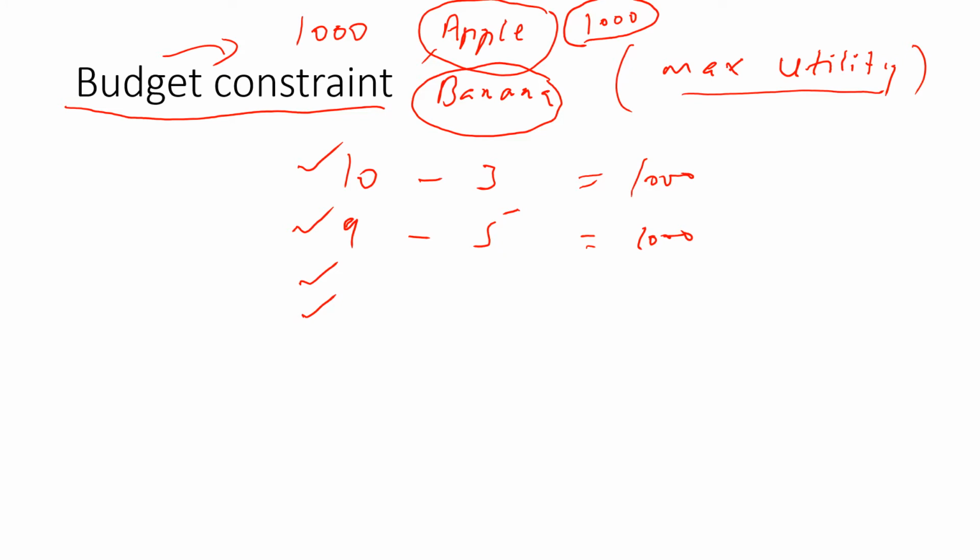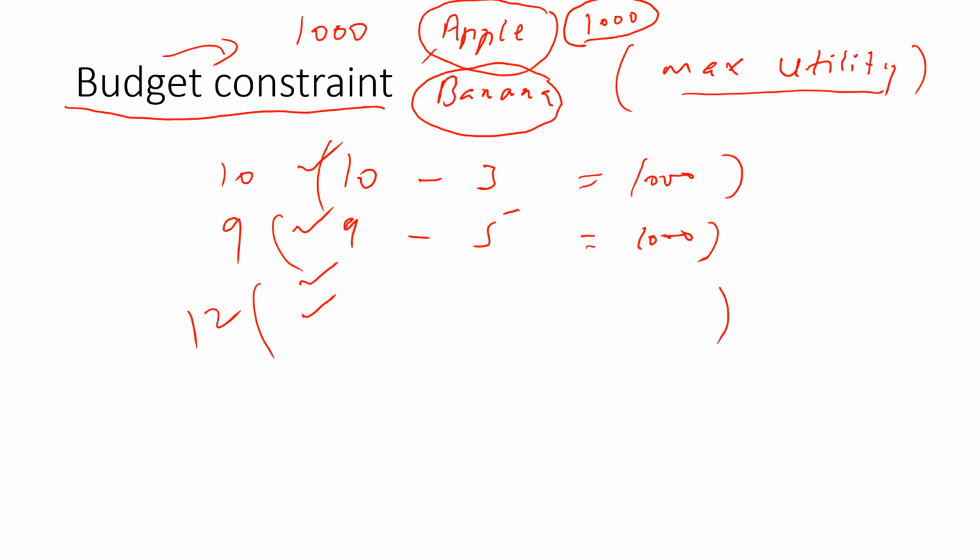Which of these options he will choose basically depends on how much utility he gets from all these options. For example, if the first basket is giving him a utility of 10, the second basket a utility of 9, and the other basket a utility of 12.